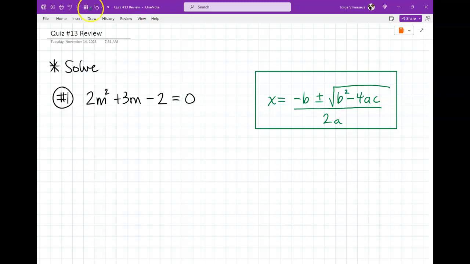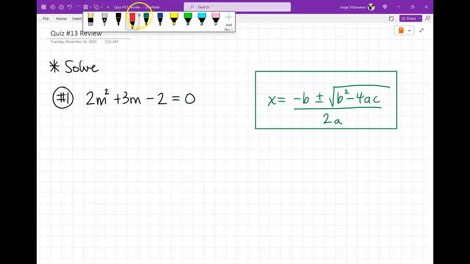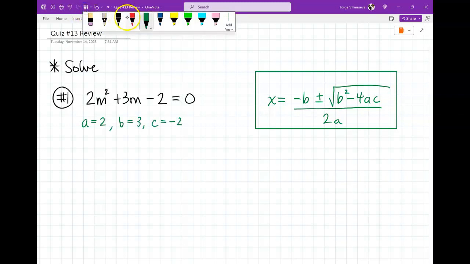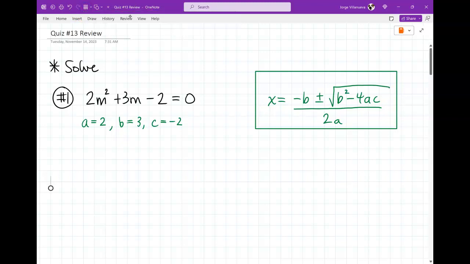So we're going to plug this into our formula. Now I am going to write my ABCs here. So A is 2, B is 3, and C is negative 2. All right, and now I'm just going to plug my values into my equation. I normally write my equation, but it's already there, so I'm just going to assume that it's there.